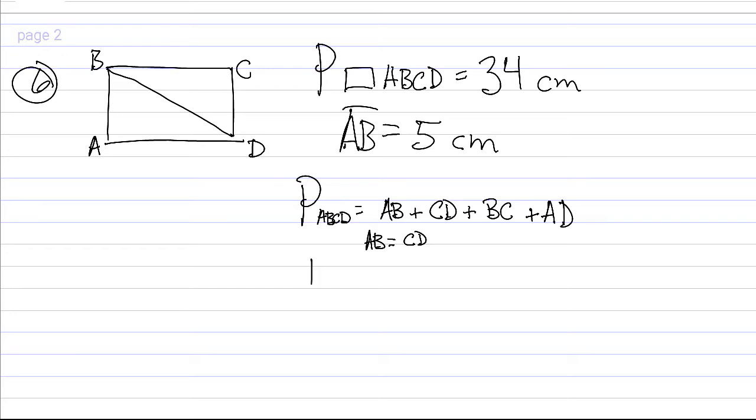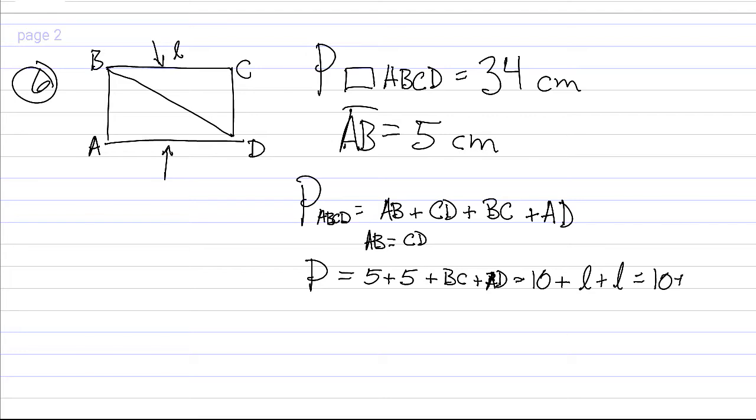So that means perimeter equals 5 plus 5 plus BC plus AD. And we know that BC and AD, this line and this line, are equal. So we know that 10 plus, let's just call this L, L plus L, equals 10 plus 2L.